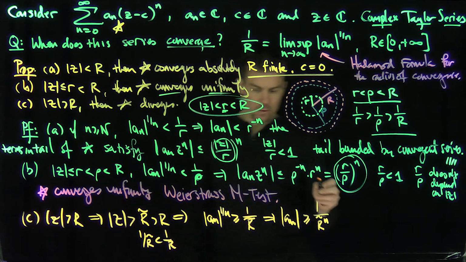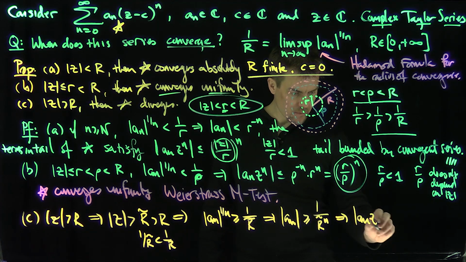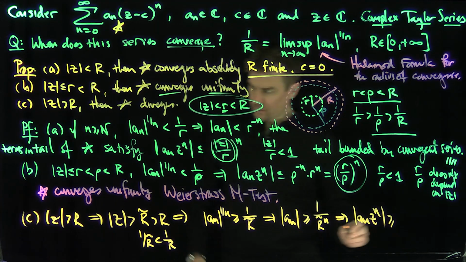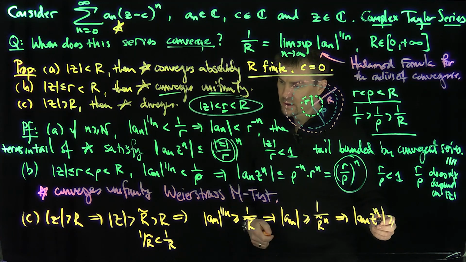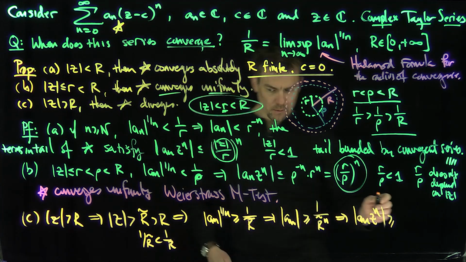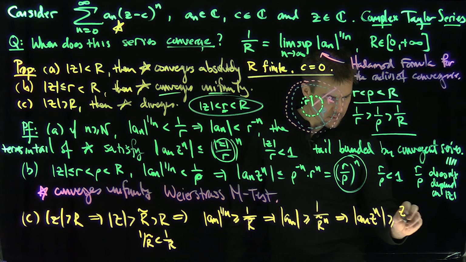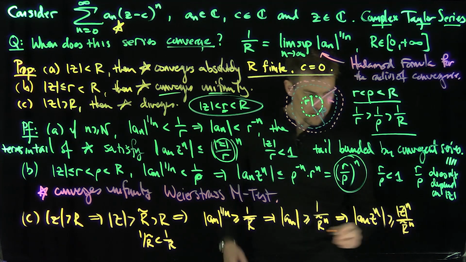And so in particular, a_n z^n is bigger than or equal to, well, |z| is bigger than or equal to r, so this is bigger than or equal to |z|^n over r tilde^n.